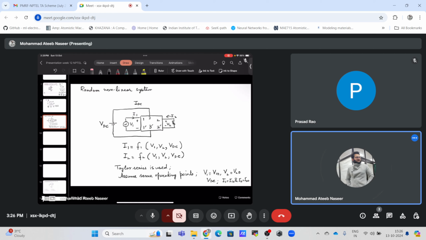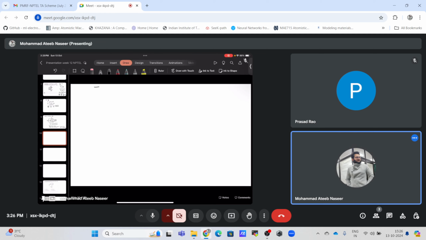Now we can say that I1 of 0 is simply a function of V1 of 0, V2 of 0, and VDC. This is simple manipulation, and I2 of 0 is simply a function of V1 of 0, V2 of 0, and VDC.